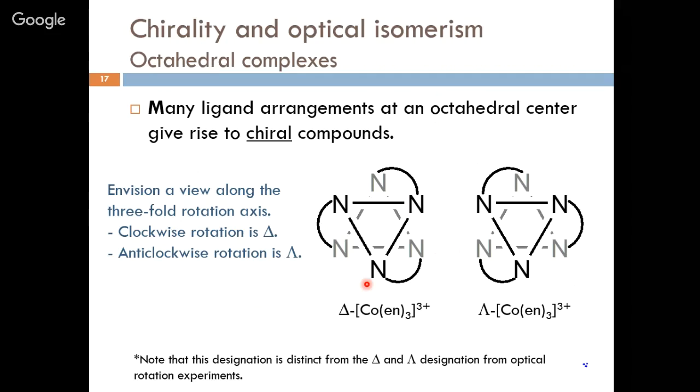Then that's called the delta form. And then on the other hand, we can have a form where we have anti-clockwise or counterclockwise rotation, and that's called the lambda form. So these are a little bit like a propeller from a boat in their sort of geometry.